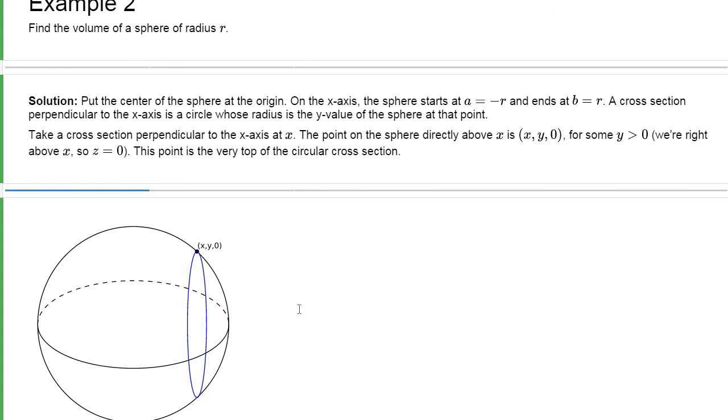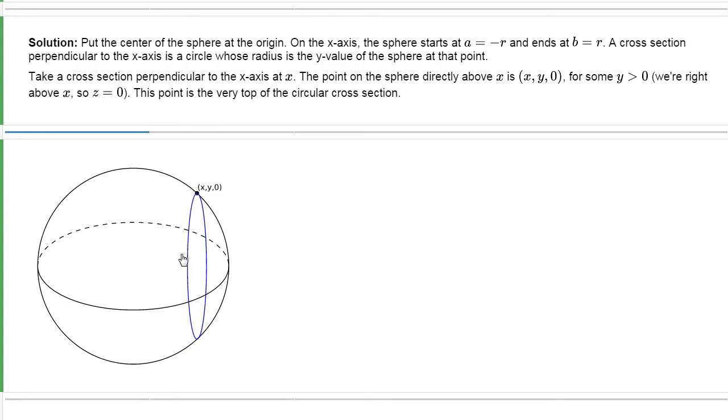If I take a cross-section perpendicular to the x-axis, that's what I'm trying to draw here. Okay, the x-axis is going left and right, so if I cut perpendicular to that, I get something that's in the yz plane. And that cross-section is a circle. The radius of that circle is the distance between the x-axis and the top of the circle, which is the y value of this point.